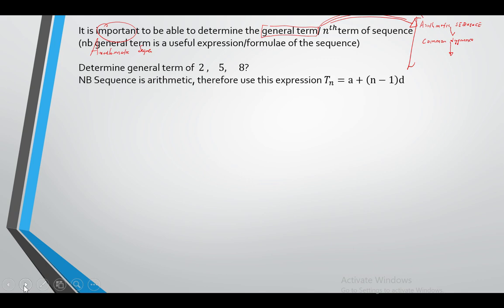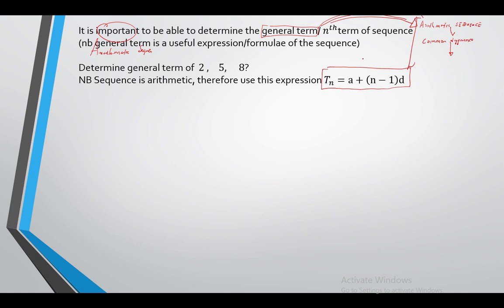The sequence is arithmetic, therefore use this formula to determine the general term. Every time you want to determine the general term of an arithmetic sequence, use this expression: Tn equals a plus (n minus 1) d.